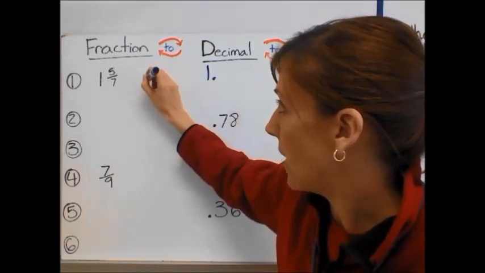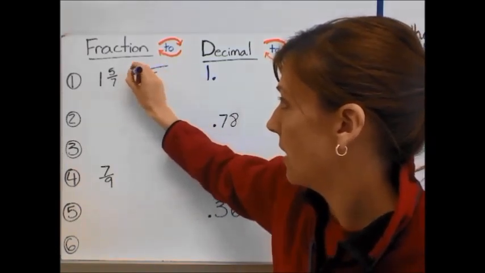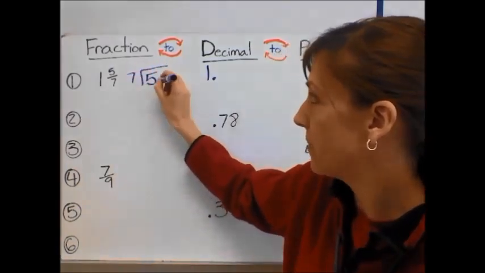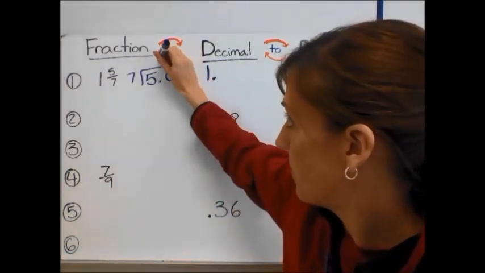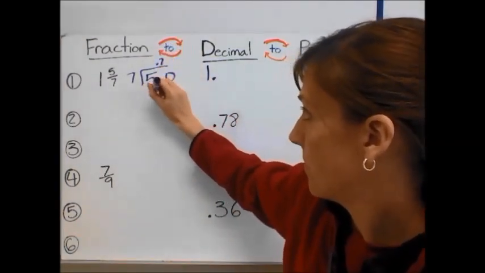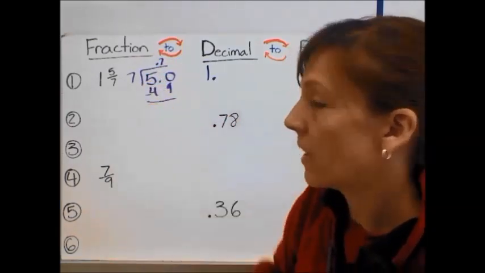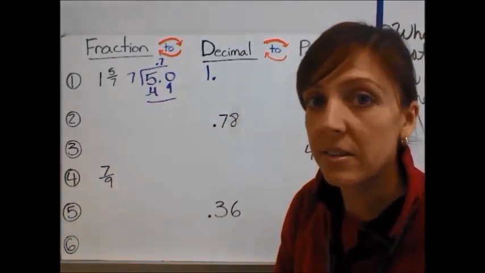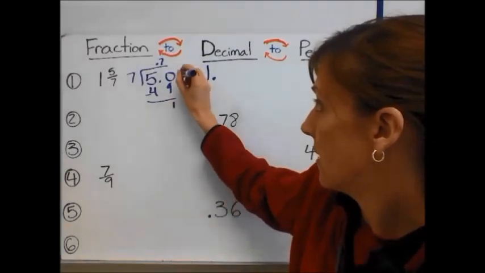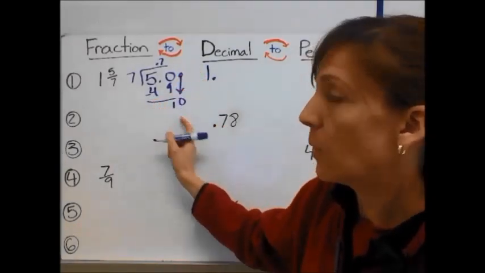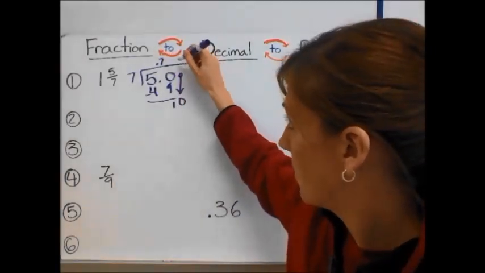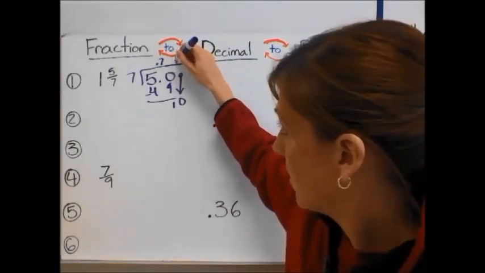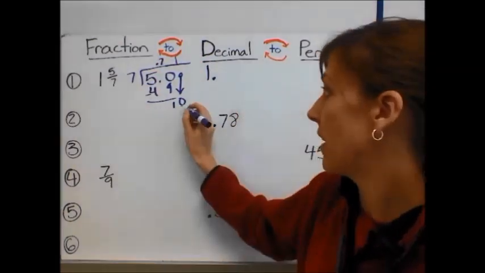And I have to figure out how to write that as a decimal number. Well, I'm going to put the top number in the house. I'm going to tip it over and divide it out. 7 goes into 50 7 times. 7 times 7 is 49. I subtract. Get 1 and bring down my 0. 7 into 10 goes once. 1 times 7 is 7.